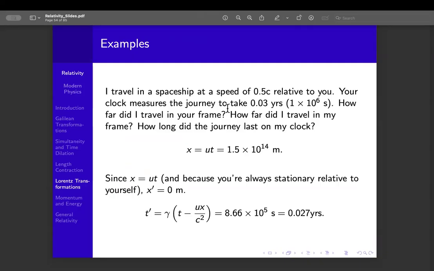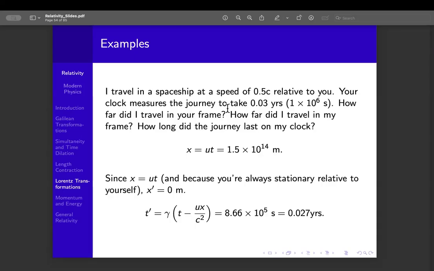If you convert that to seconds, it's actually a fairly noticeable difference in terms of number: 866,000 seconds compared to a million seconds, which is, in terms of numbers at least, a fairly big difference. In terms of seconds or in terms of years, maybe not. It's probably a couple of days at least. But that makes sense then. My clock would run slower since I'm moving relative to you, and therefore I would record a smaller time.